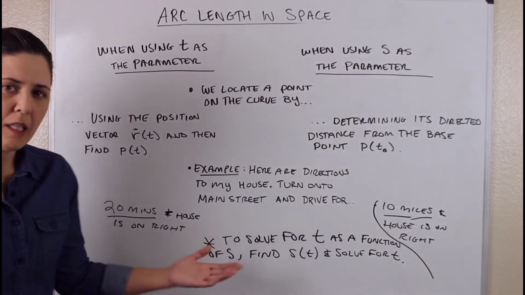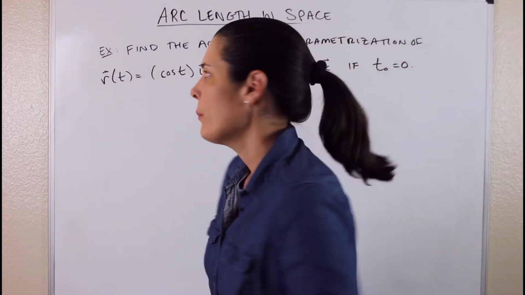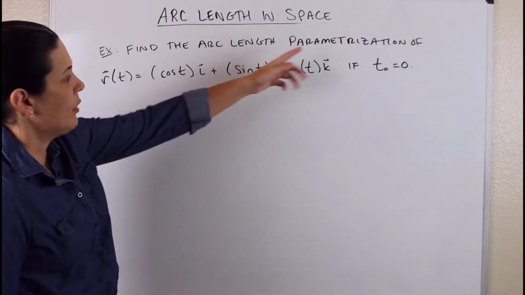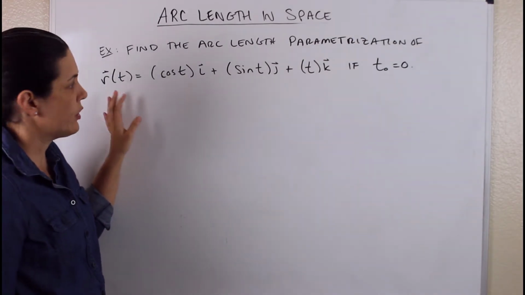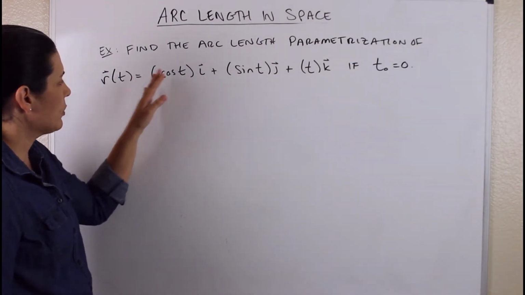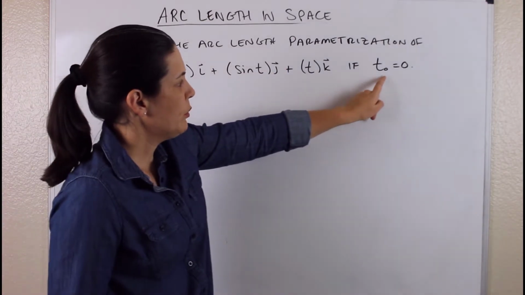Okay, so I'll show you an example so you understand this one a little better. Here's this example. Find the arc length parameterization of this vector function, this curve. So r of t equals cosine t i plus sine t j plus t k, and this is when our initial t value is 0.